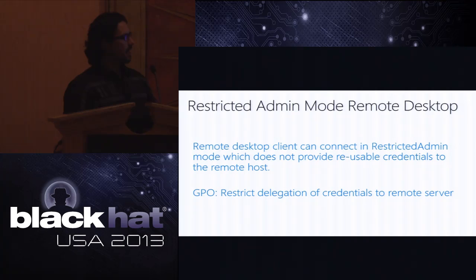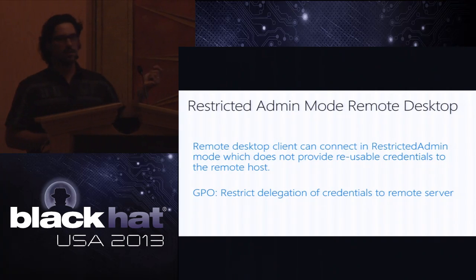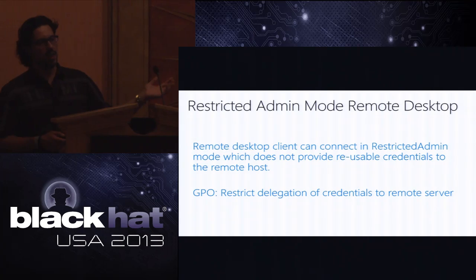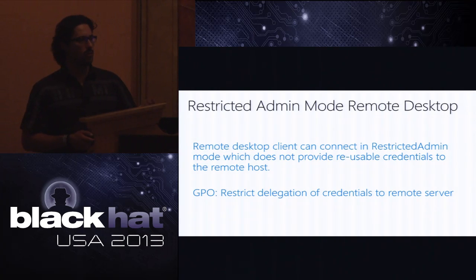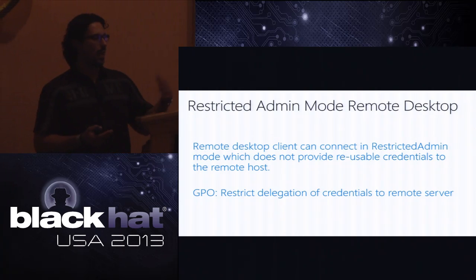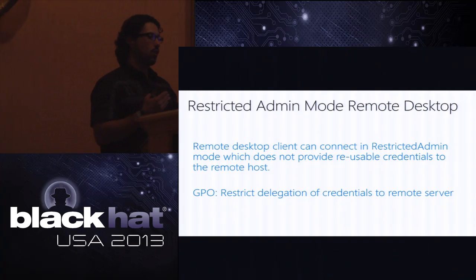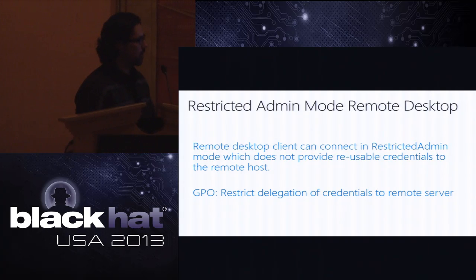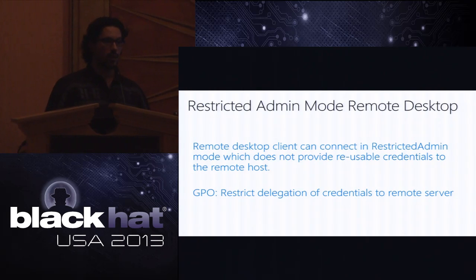So what we did is we've implemented a flag that goes to RDP, a new mode called restricted admin mode. So when you use the remote desktop client with this flag, those credentials are not passed to the target workstation. So if you need to log into a machine to do administrative work, you'll be able to do that without disclosing your credentials.